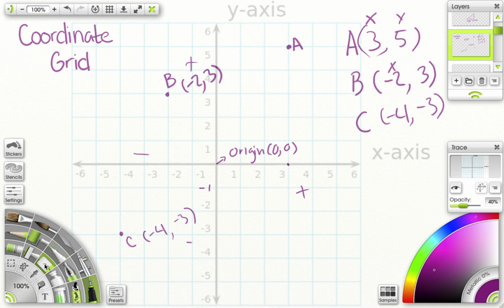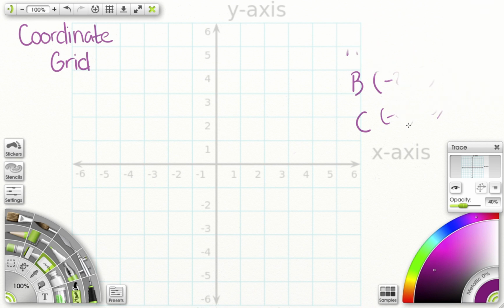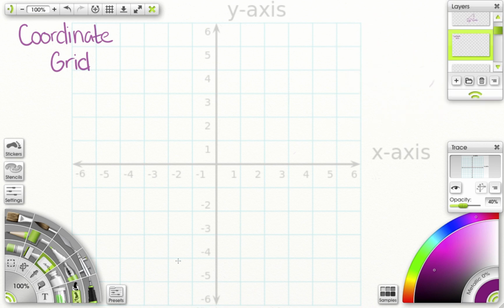Now we're going to try labeling a shape. So our shape is going to be, we're going to start off with a triangle just because it's easiest. And I'm going to give us 3 points. It's going to be plotted on the grid. So I have A, B, and C. A is going to be (4, 3).